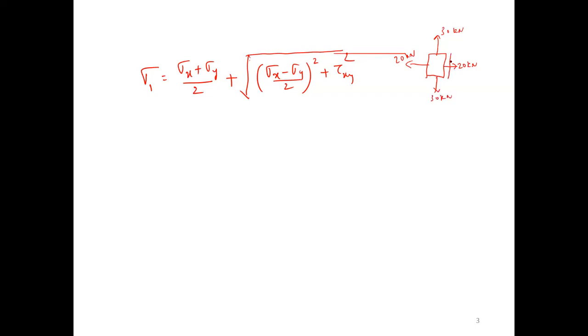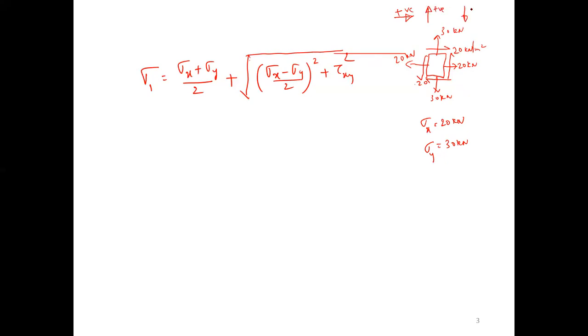I will also consider the shear stress on the plane, that is 20 kilonewton per meter square, the same on all sides. For this problem, what is the major principal stress? Here sigma x equals 20 kilonewton, and sigma y is 30 kilonewton.